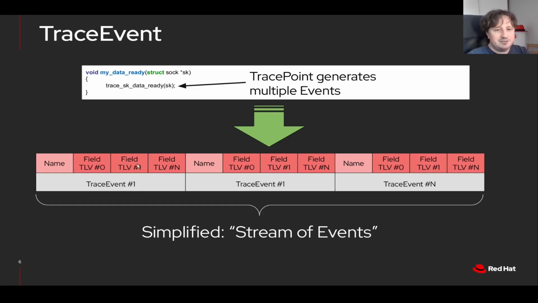The TLVs are very generic type-length-value: we say what kind of type it is, how many bytes it takes, and then the value field. Then you have a stream of events, very simplified, which are written to the tracing buffer.